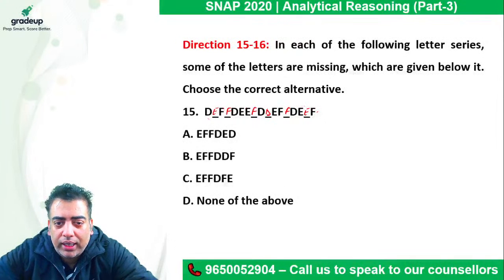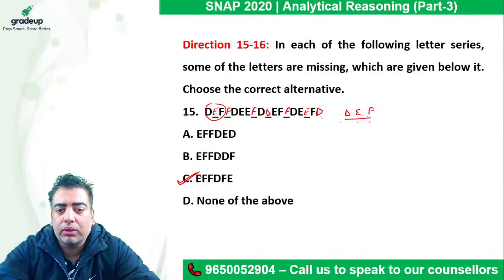It must be EFD now, right? Because a cyclic order is coming up, so if I write DEF, it can be DEF or it can be EFD or it can be FDE. So the very same cycle is repeating. In the question itself, this alphabet is missing. So the correct order comes out to be in C.